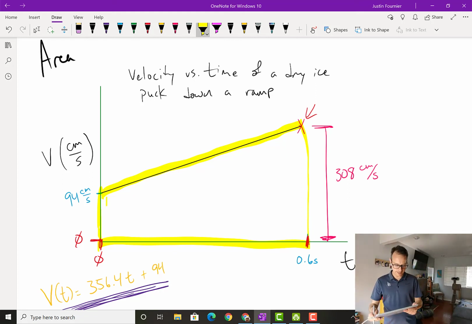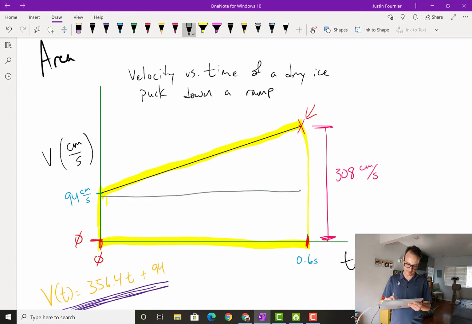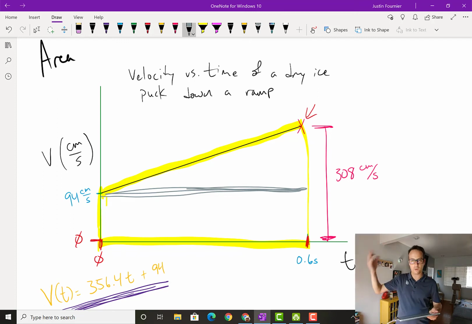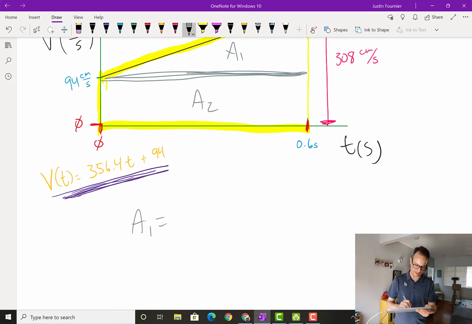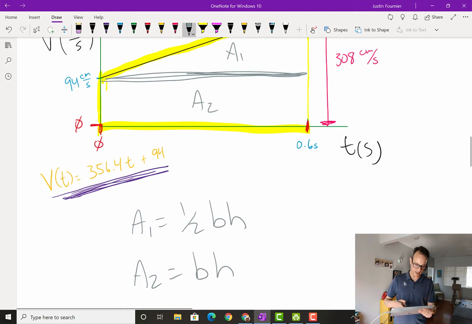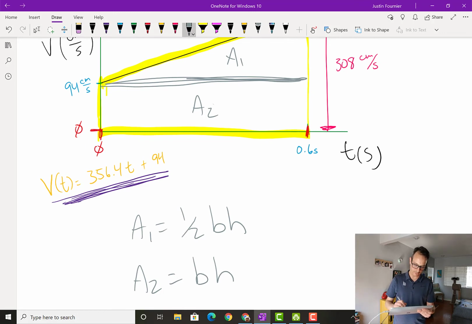So one thing I can definitely do is split this up like this. I don't know the equation for a trapezoid, so I just split this up into area 1 and area 2, and then I'll add them up to find the total area. Area 1 is the area of a triangle, so it's 1/2 base times height, and area 2 is just base times height. Area 2 seems like it's going to be easier.